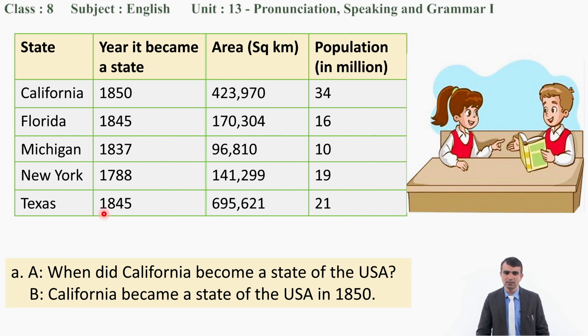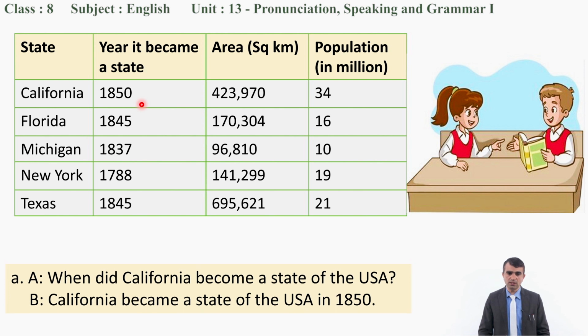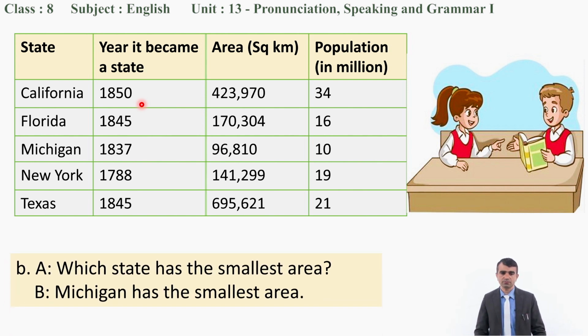Texas and Florida became states in the same year. That was in 1845.